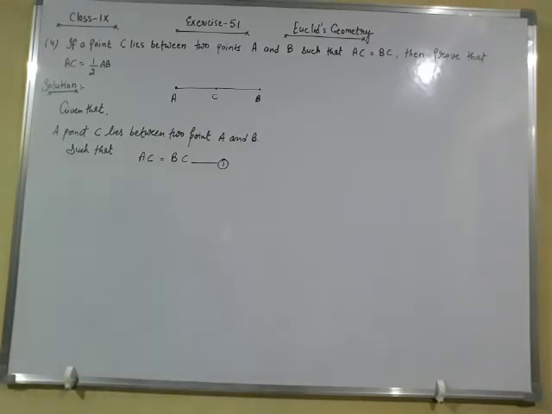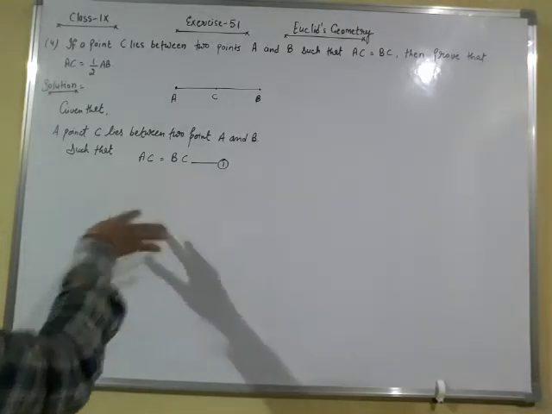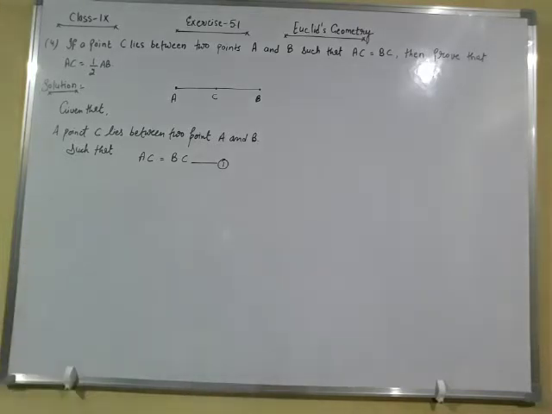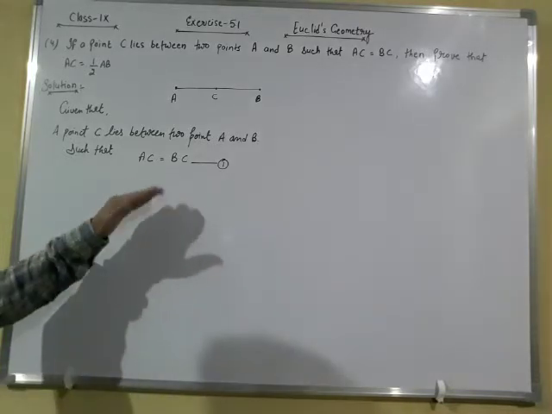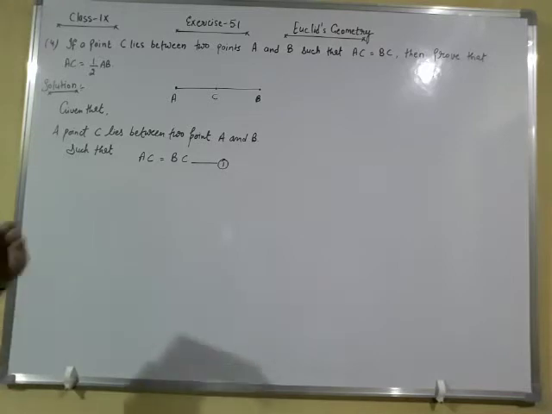Okay. Now we know that equals can be added in equals. Yes. So what can we do here? AC and BC, these are two equal things. So if equals, we will add equals in equals. The result will always be equal.